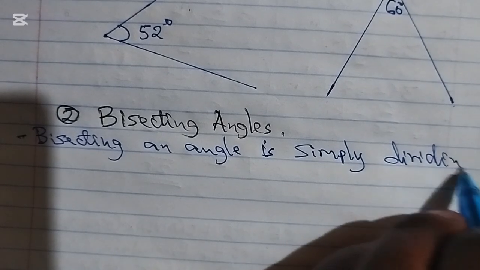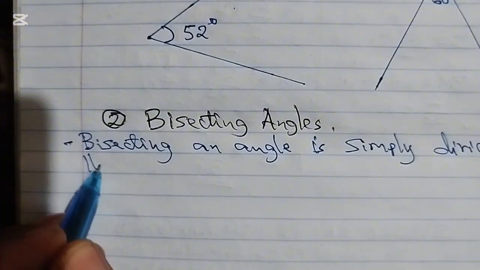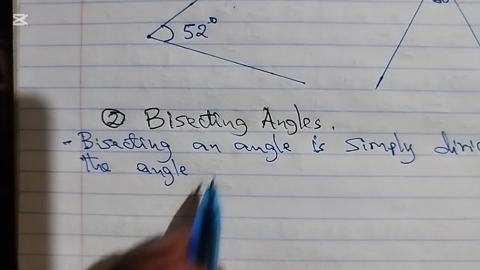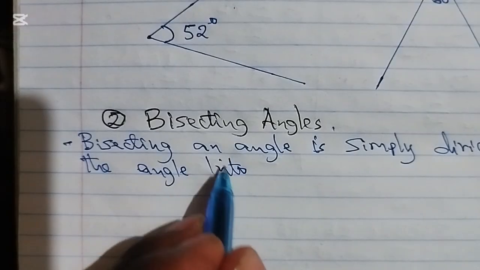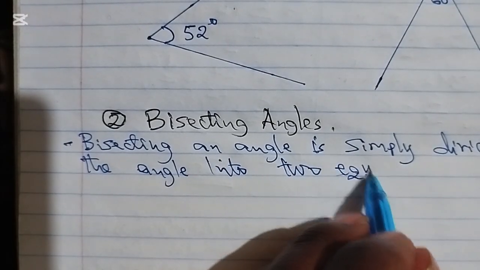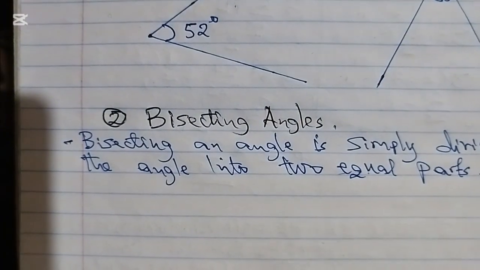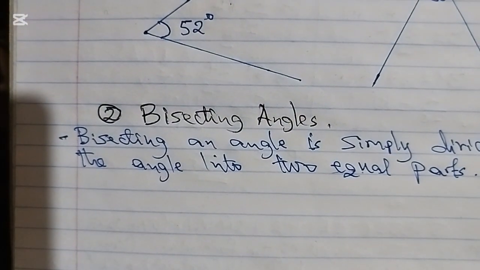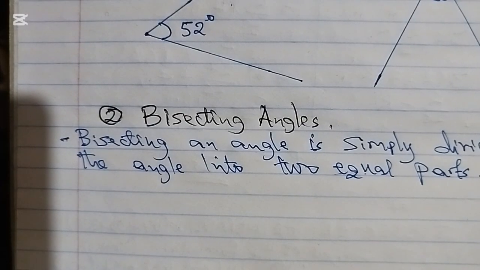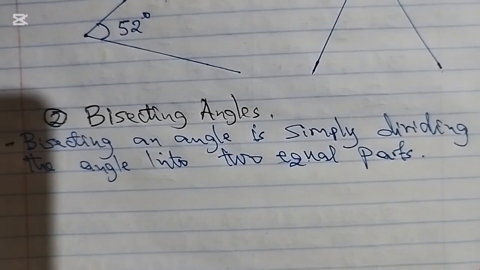Bisecting an angle is simply dividing an angle into two equal parts. So that's what we call bisecting an angle.